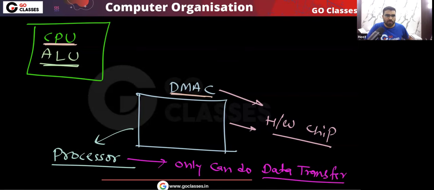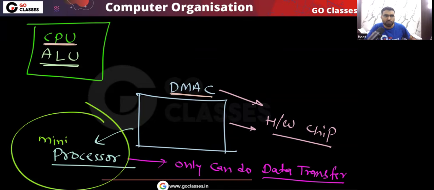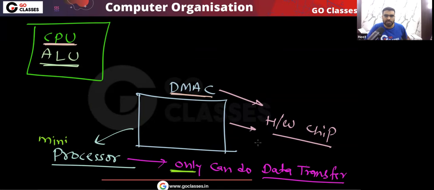Okay, is this clear? So remember, using this DMA controller you cannot add numbers. You cannot do addition, multiplication, rotate, shift. These things you cannot do. So you can consider this as a mini processor, and this can only do data transfer. This is a specialized processor for data transfer. Is this point clear?